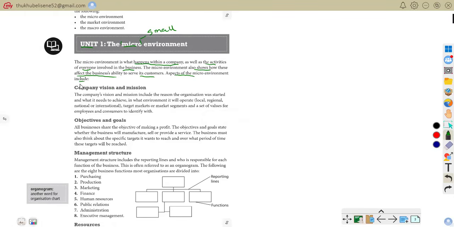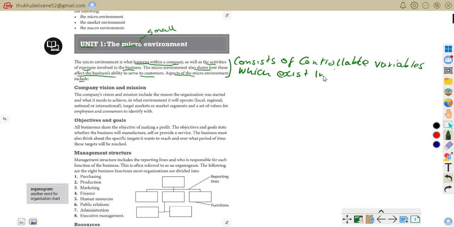It consists of controllable variables which exist inside the company.